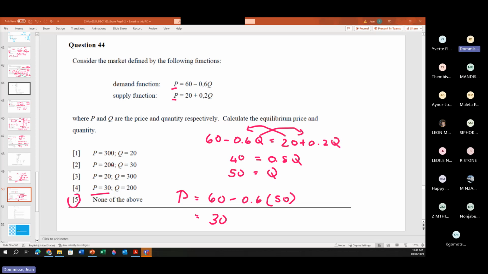Okay, so again, this is actually as simple as that. Or they made a mistake, or they wanted us to pick option 5.